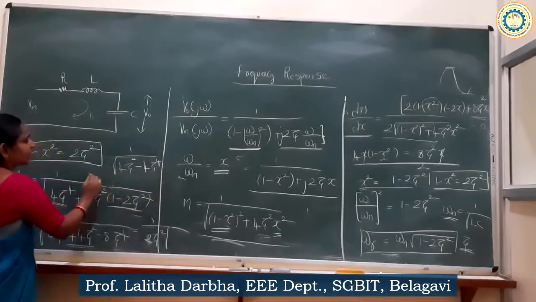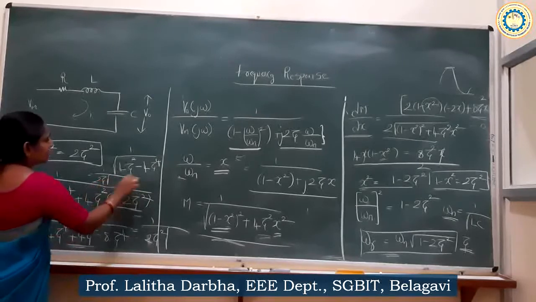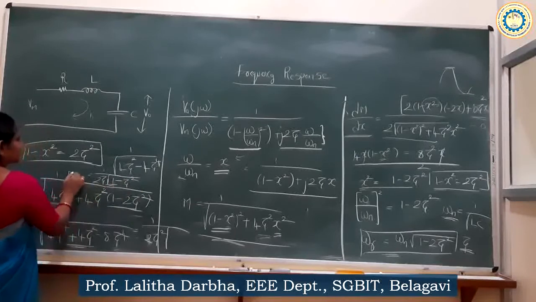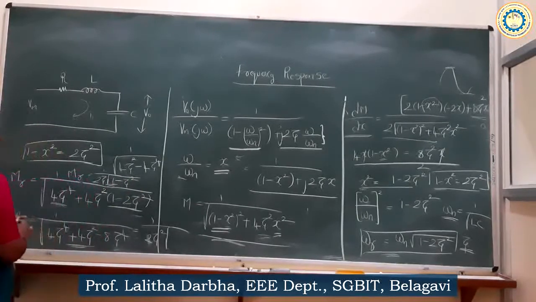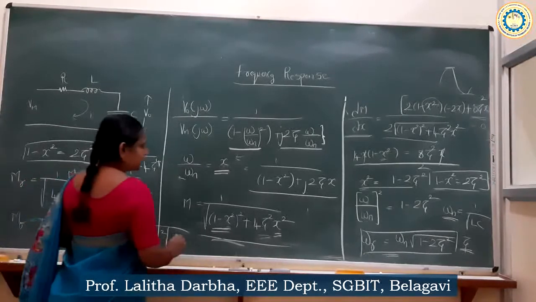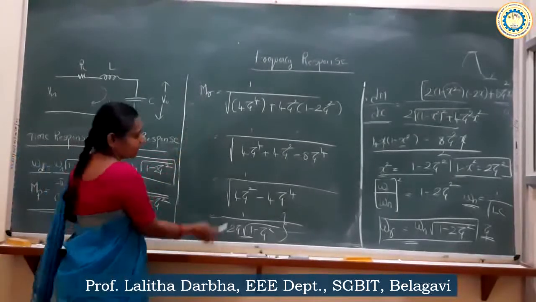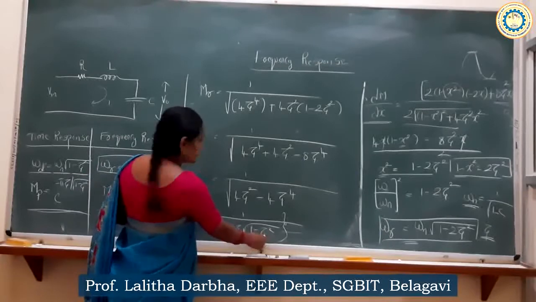To take 4 zeta square out, what are you going to get? 1 by 2 zeta root 1 minus zeta square. This is our expression for MR. So the resonant peak MR can finally be written as 1 by 2 zeta root 1 minus zeta square.